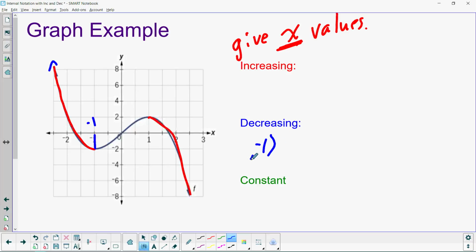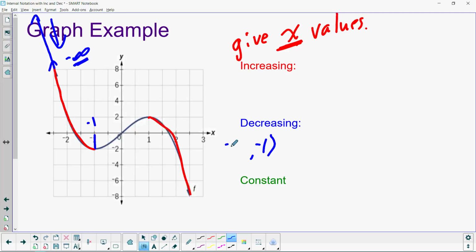Because there is an arrow here, that means this graph keeps going forever and forever. And this whole time, it's decreasing. The graph is going down. So this graph started at -infinity. It went left forever, and the number for forever is infinity. So we would say the decreasing section started at -infinity.